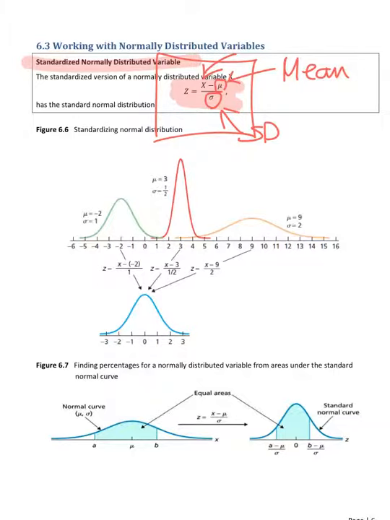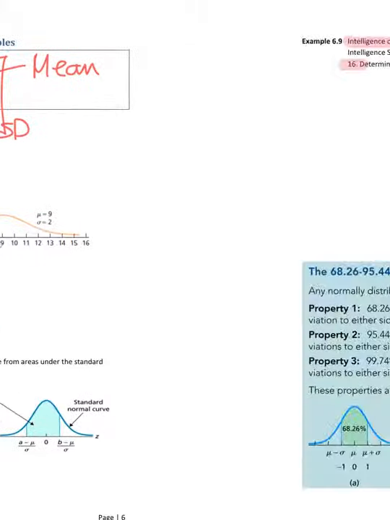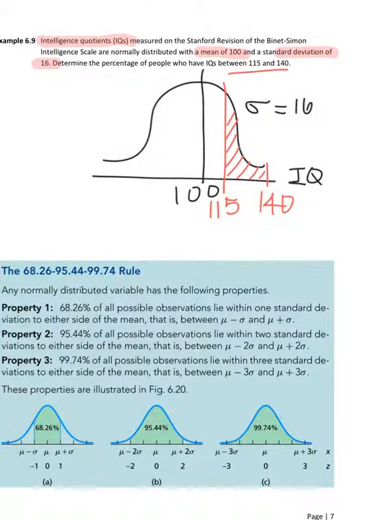So let me go back to this example. In this example, the mean was 100, as the mu, and the standard deviation was 16. So at 115 and at 140, we can take the two z-scores.